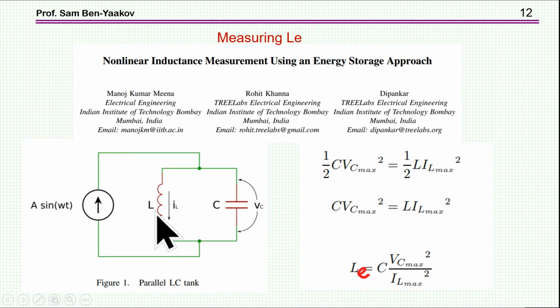At the maximum point of the current, at the maximum point of the voltage, you have this equation. And then you can define an inductor here, the energy-related inductor, to represent the inductance at this point, and get this value by taking this over this, which is this expression here.